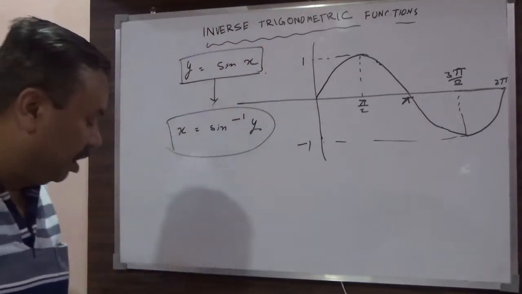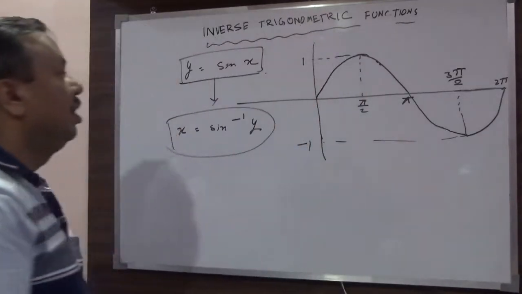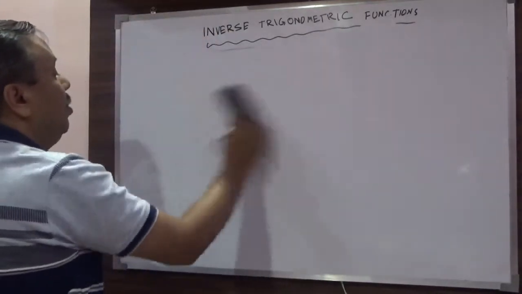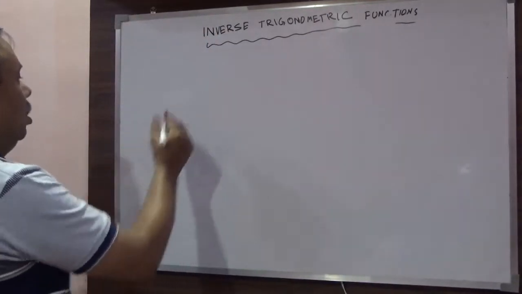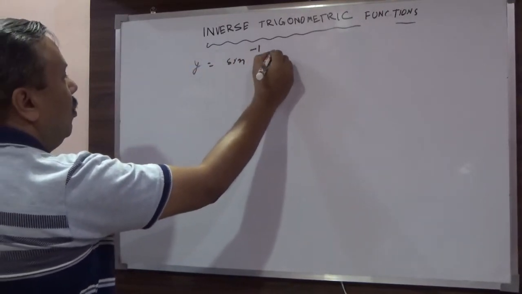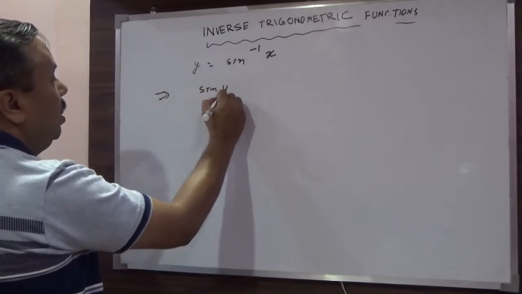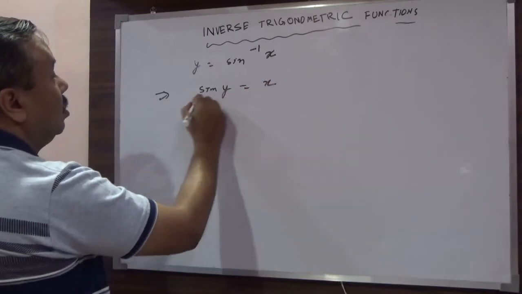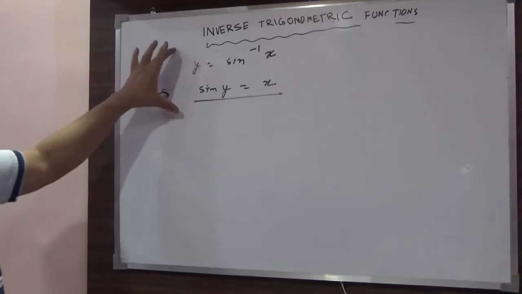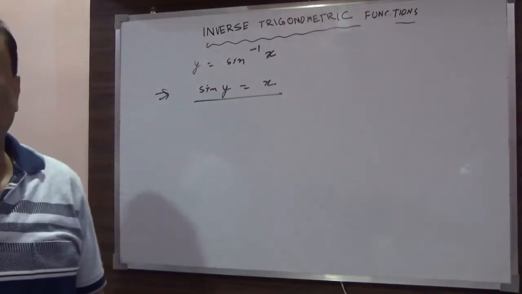When I give you the value, the inverse of sine will be what? y will be equal to sine inverse of x. This means that sine y is equal to x. So this is called the inverse trigonometric function.